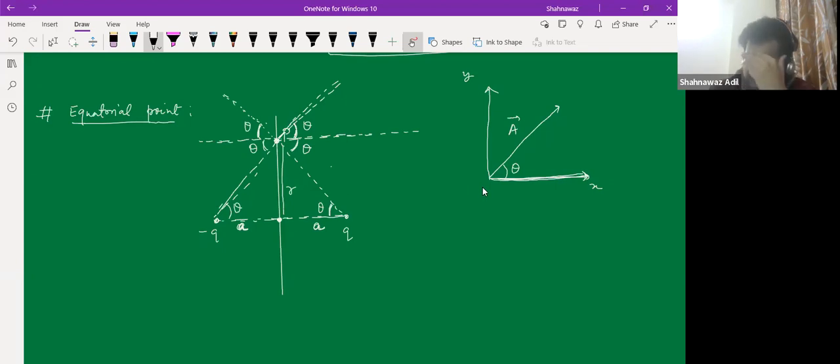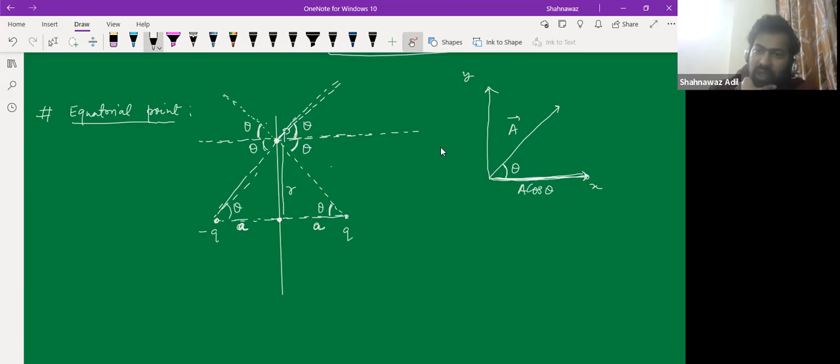This is very important. What is that? This is with the x component, so this is A cos theta.